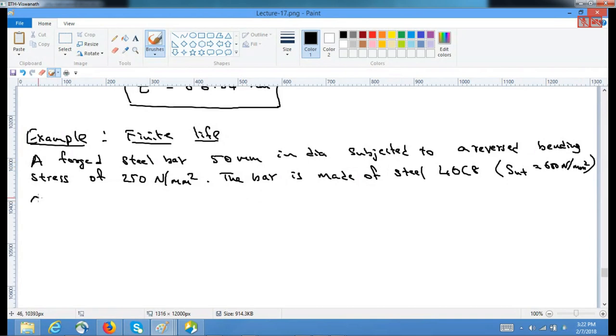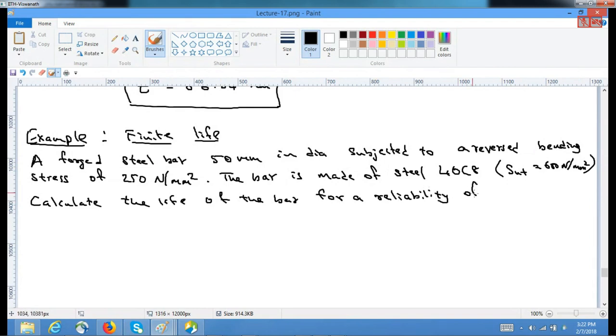We need to calculate the life of the bar for a reliability of 90%.